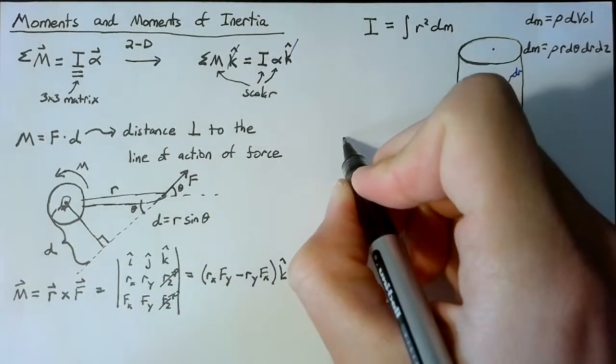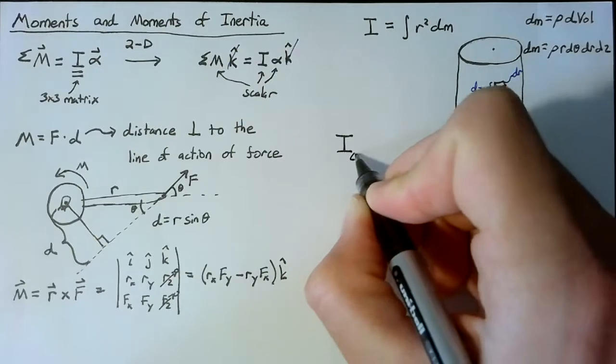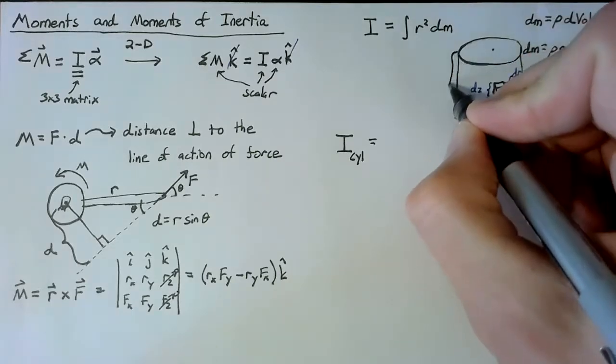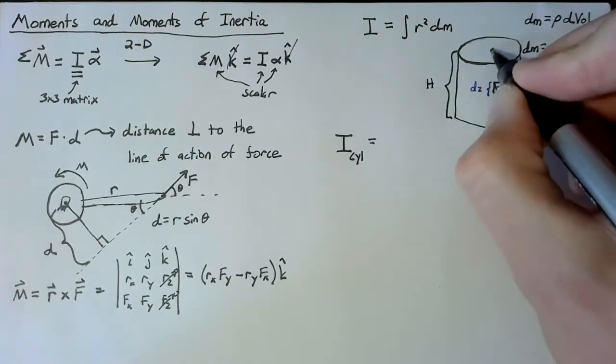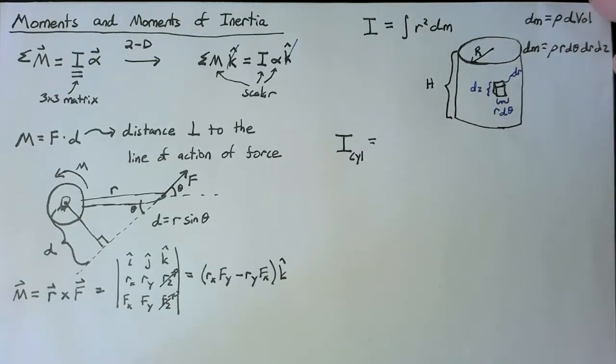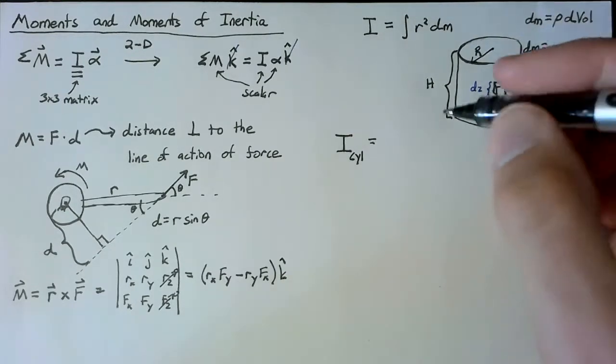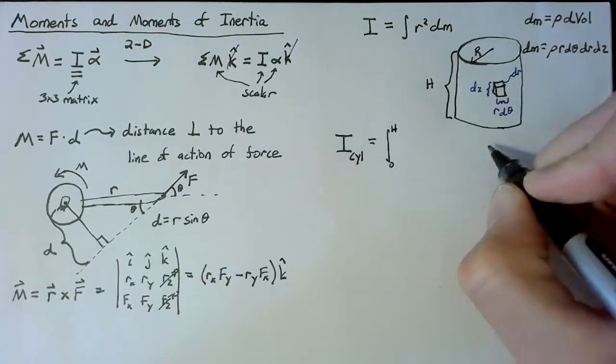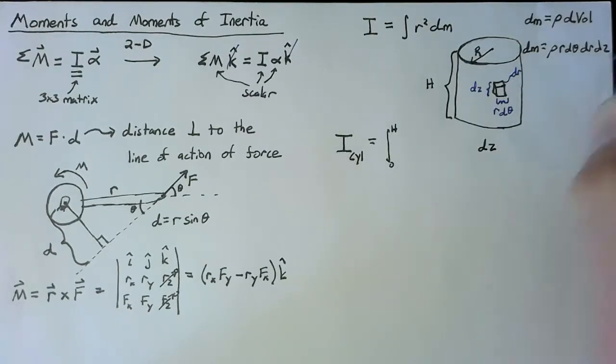So the moment of inertia of this cylinder is going to be the integral over the entire cylinder's body. So we need some information about the height of this thing. We need some information about its radius. So we can integrate over the height, and this is going to be in the dz direction, so we get one of these.